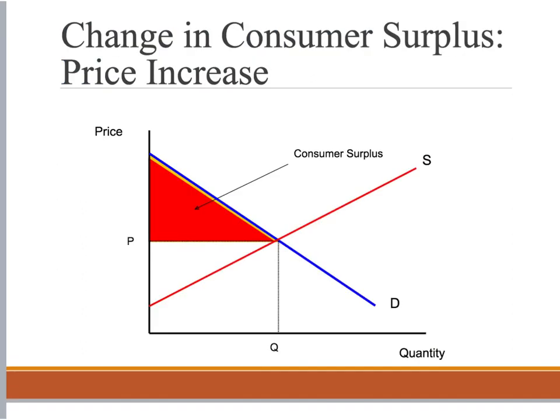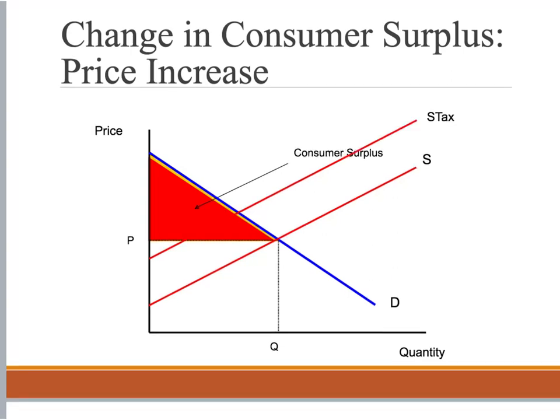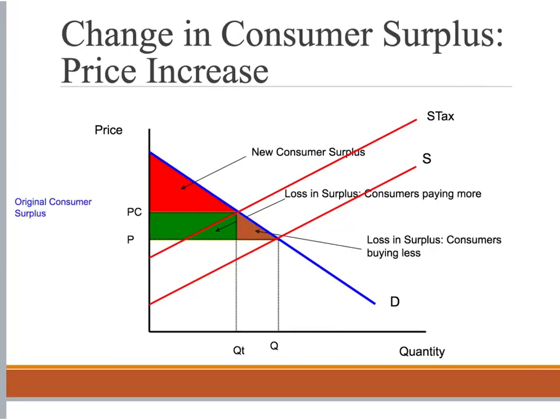As we can see in the model, prior to the tax being levied, consumers enjoy a large surplus, represented by the area in red, when purchasing Q amounts of the product at P prices. However, after a tax is introduced to the market, a new price that consumers pay is set at PC, where the taxed supply line intersects the demand curve.